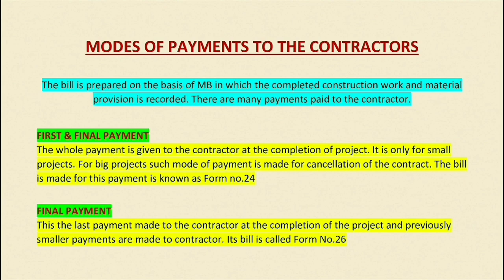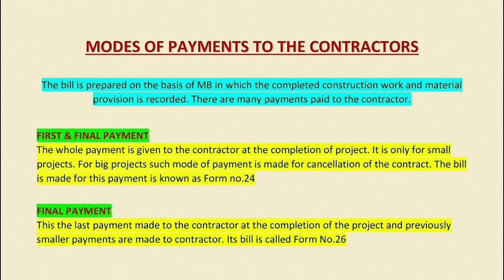First and final payment: the whole payment is given to the contractor at the completion of the project. It is only for small projects, like if a contractor has done some small civil works, he will be given the whole payment at the end of the project. For big projects, such a mode of payment is made for cancellation of the contract. Like if you are dealing with a big project with a contractor, and we don't like the contractor and want to end the agreement with him, the whole payment is given.